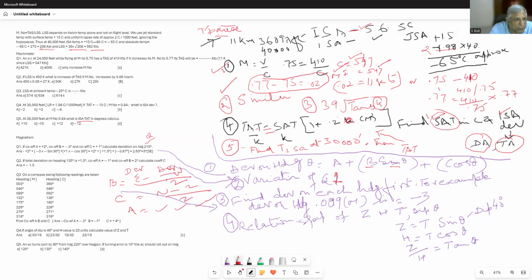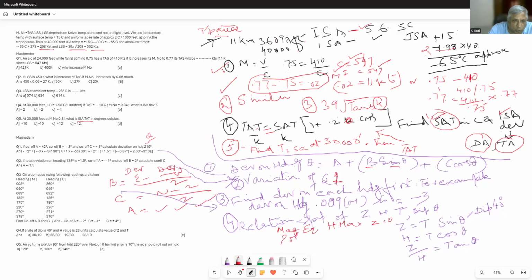Next is question number 4. This deals with the Earth's magnetism. Over the magnetic equator, the value of H is maximum and there is no dip. H is maximum and the value of Z, the vertical component, is 0.